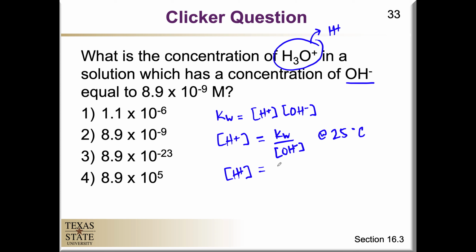Therefore, what I can say is that this is going to be equal to 1.0 times 10 to the minus 14 divided by hydroxide ion concentration, which is 8.9 times 10 to the minus 9 molar. And therefore, my hydrogen ion concentration is going to be 1.1 times 10 to the minus 6.